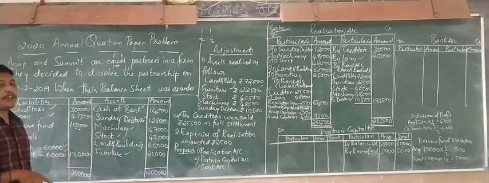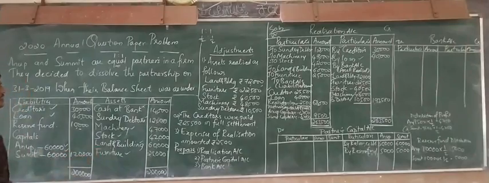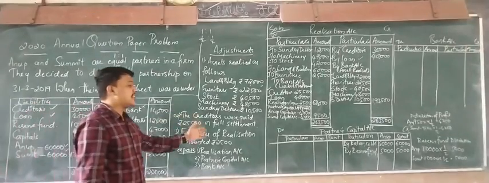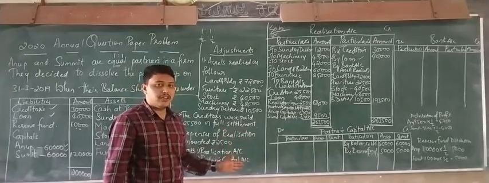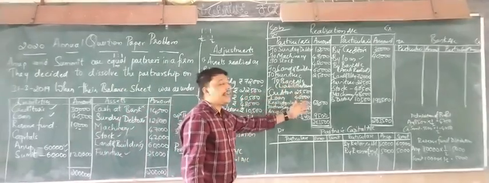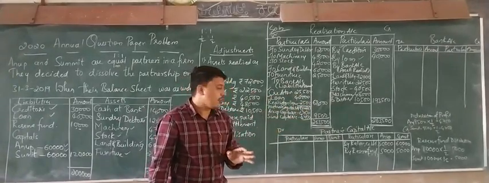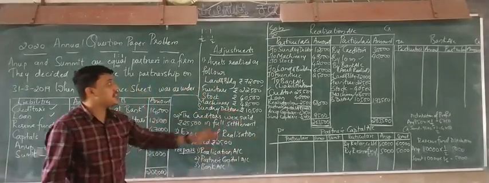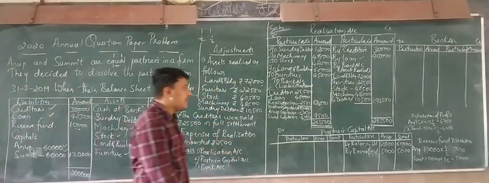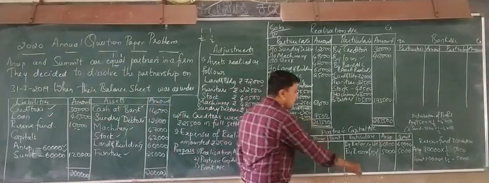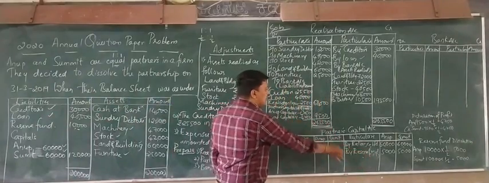What is the next step you need to do? You just need to see whether any assets taken over or liabilities taken over are there. You go through the realization account. There are no assets taken over as well as no liabilities taken over. You just need to take the realization profit. So the realization profit should be taken on the credit side.